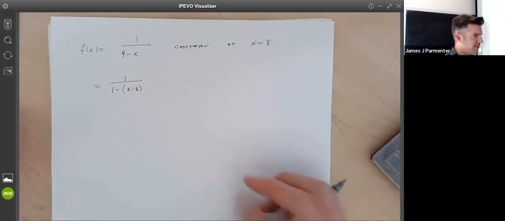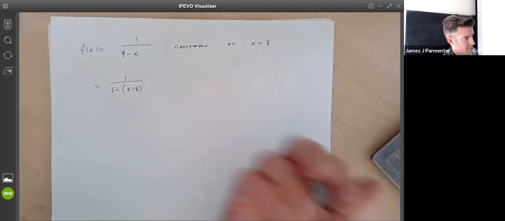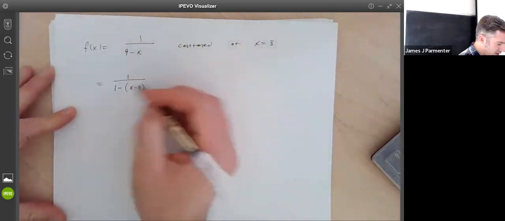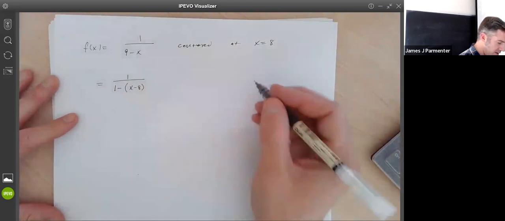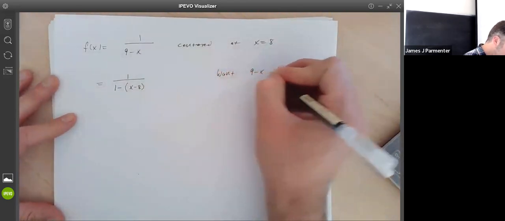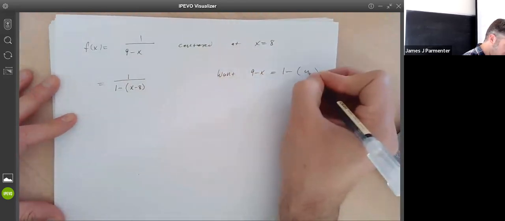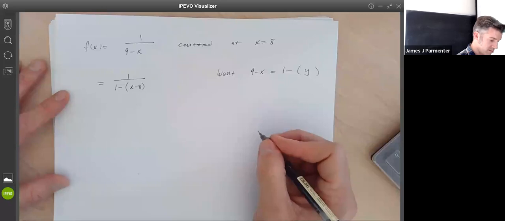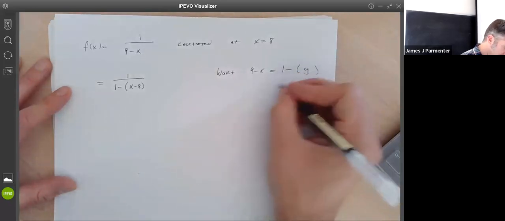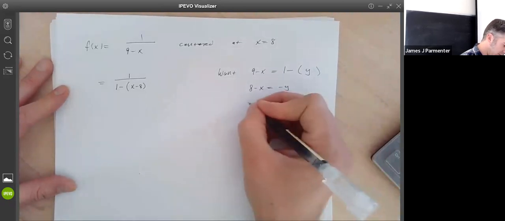Sneaky, right? It feels very sneaky, like I'm just cheating completely. I'm not, but it feels like I am. If you're not sure how to do it, what I should have done is say I really want 9 minus x to equal 1 minus something. Let's call it y, and then you can solve for y. Subtract 1 from both sides. Multiply both sides by -1.